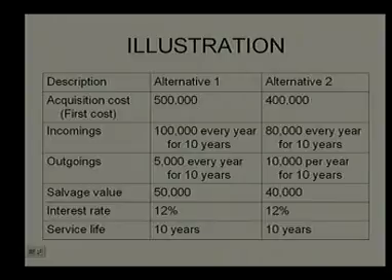I call that alternative 2. Alternative 2 requires 400,000 as acquisition cost. It is also known as first cost. For this alternative, the incomings are 80,000 every year for the next 10 years. The outgoings are 10,000 per year for the next 10 years. The salvage value is rupees 40,000.